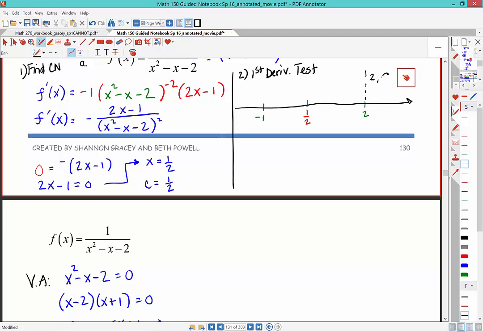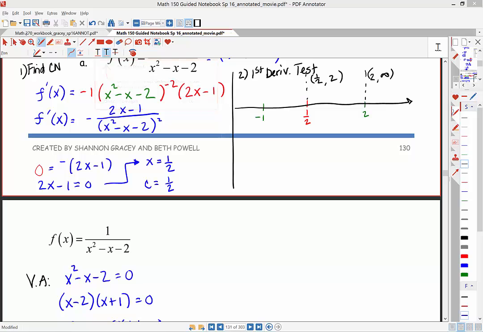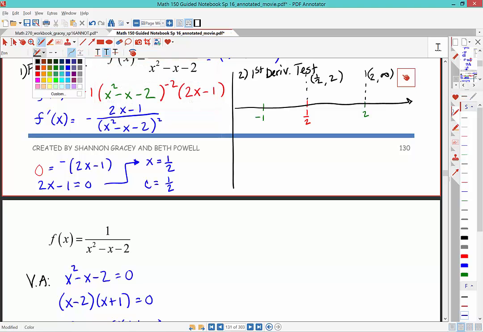So this is going from 2 to infinity. This is going from 1/2 to 2. This guy's going from -1 to 1/2, and then we've got an interval from minus infinity to -1.